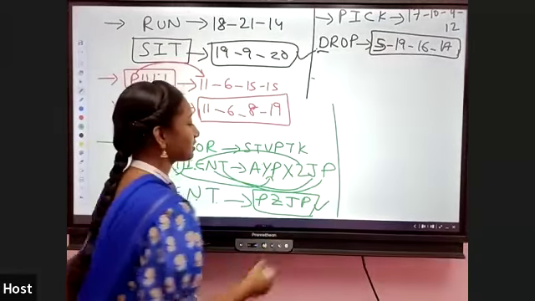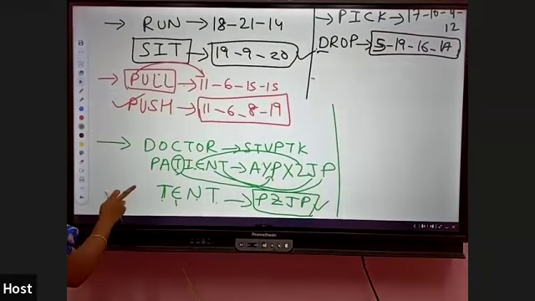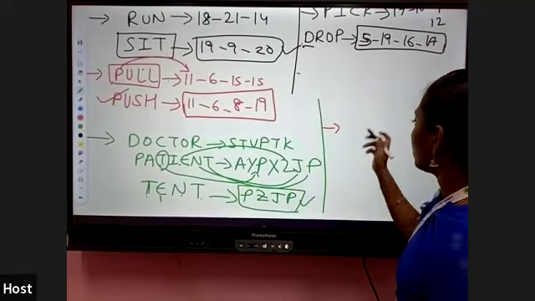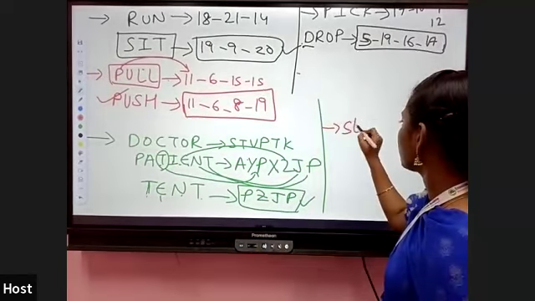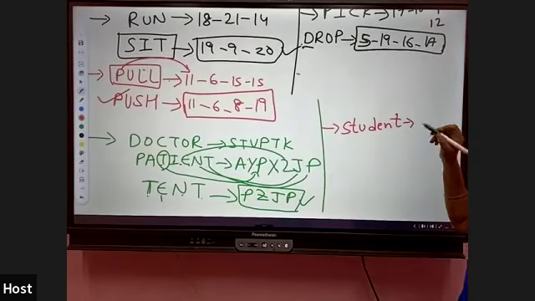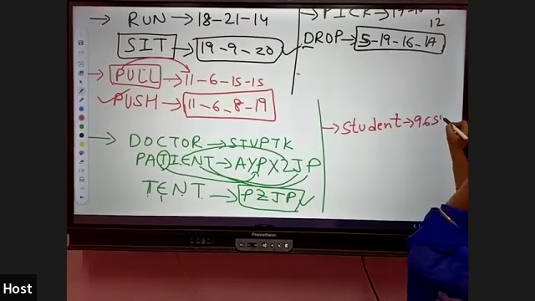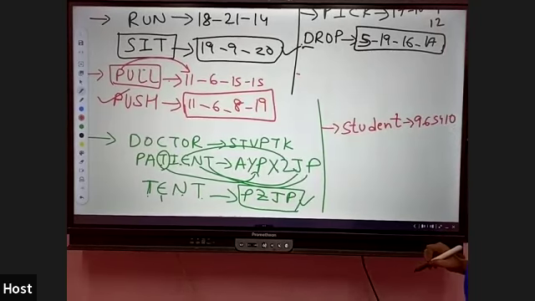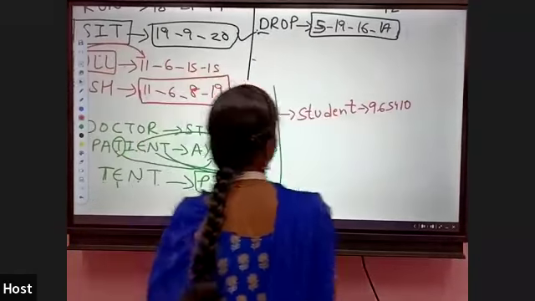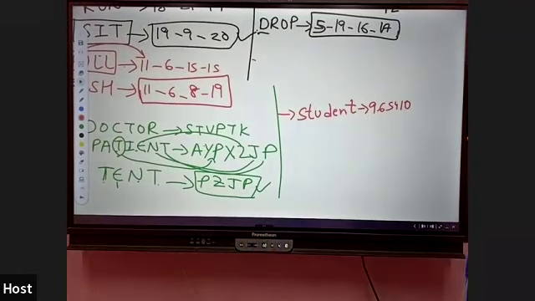In this way, there are numbers also. Student. Student is coded as 9654106.